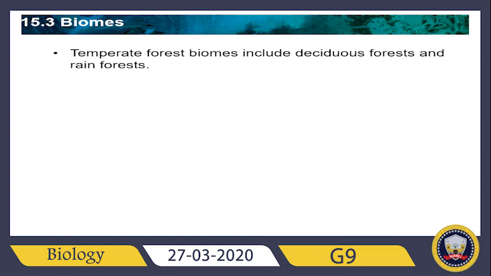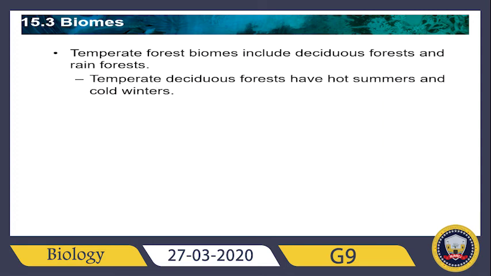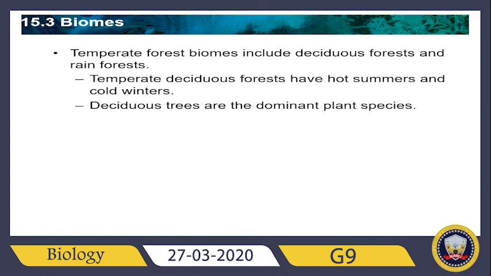Now, temperate forest biomes include deciduous forests and rainforests. Temperate deciduous forests have hot summers and cold winters, actually very cold winters. Deciduous trees are the dominant plant species. Most of the plants are deciduous trees.